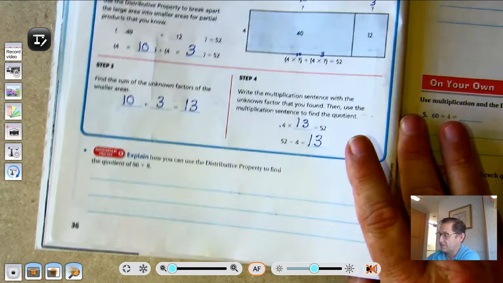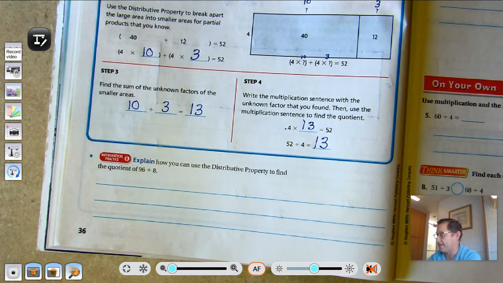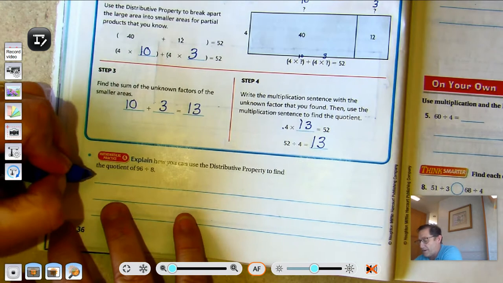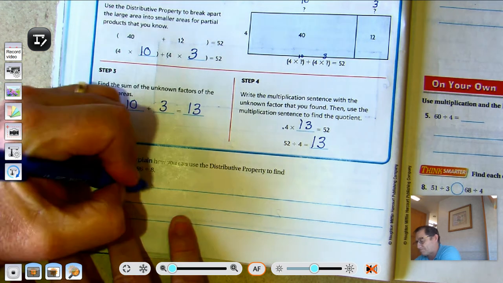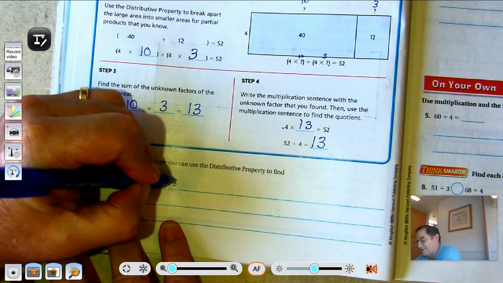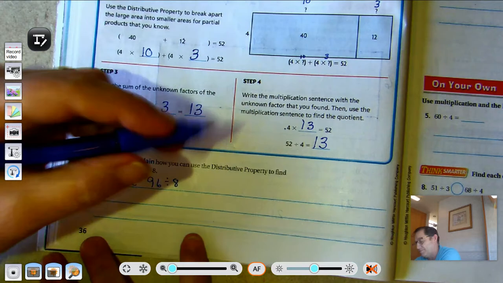All right, so explain how you can use the distributive property to find the quotient 96 divided by 8. Well, let's start by rewriting 96 divided by 8 as a multiplication problem.